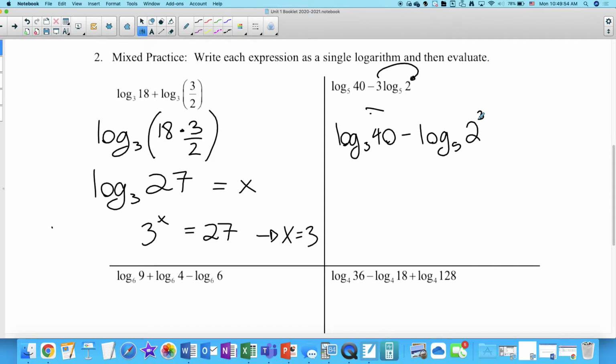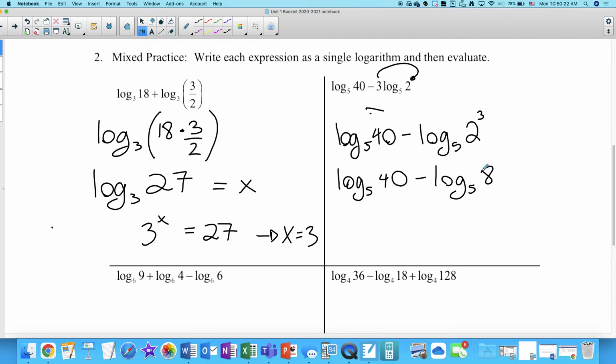That's one of the biggest mistakes I see. So please take the extra step of writing this out explicitly, because 2 cubed is not 6. What is 2 cubed? 8. Yes. So this becomes log base 5, sorry, my 5 looked like a 3 there, of 40 minus log base 5 of 8.